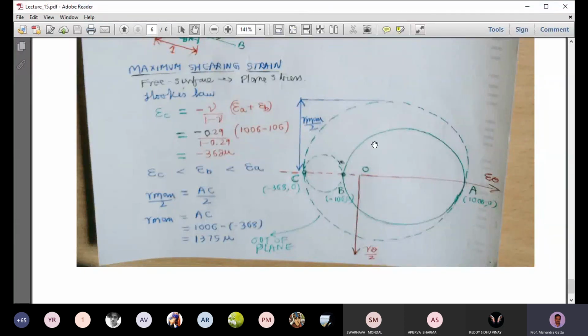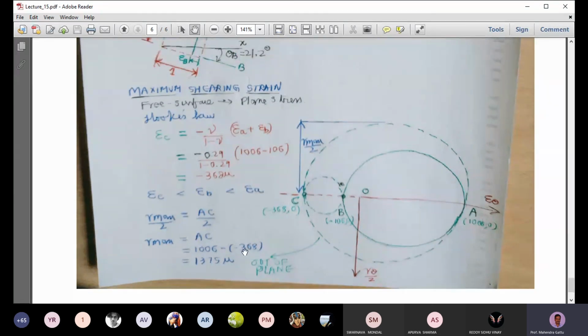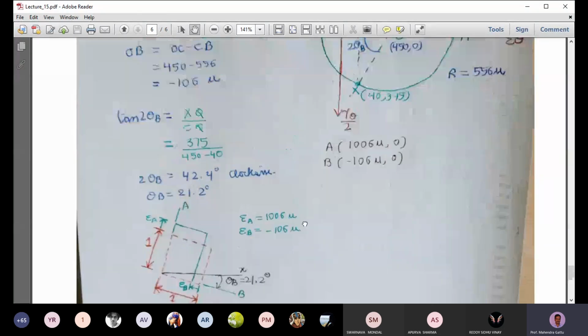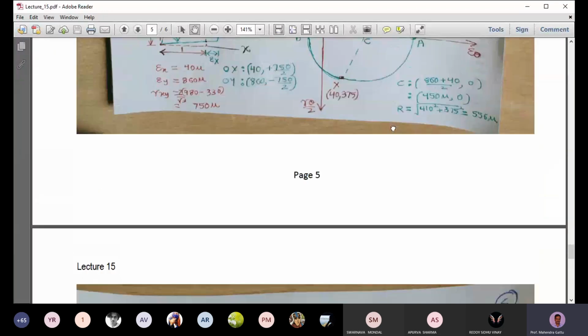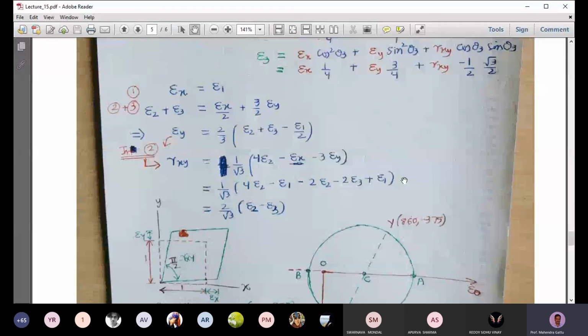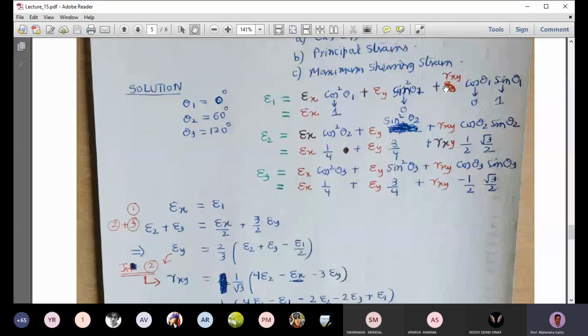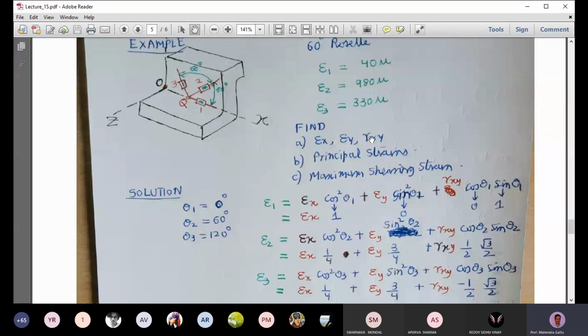So it is again occurring out of plane. The maximum shear strain is occurring in the out of plane direction. So this is the usage of Mohr circle and the usage of strain rosette to determine all the three components of strains, all the principal strains and the maximum shearing strain.